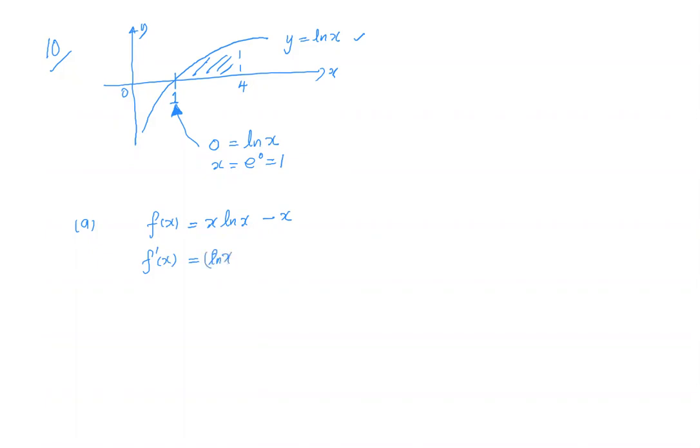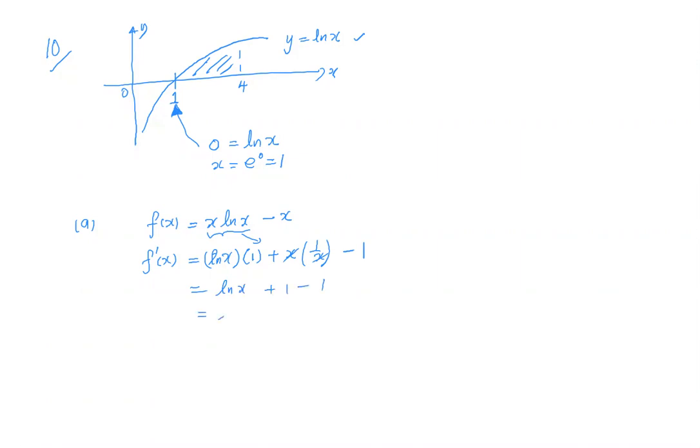u v prime plus u prime v. Okay, then this is this part. Then take away, differentiate x, you get 1. Cancel, so ln x plus 1 minus 1.